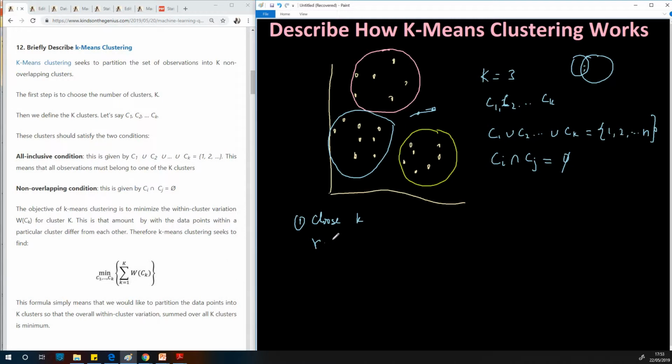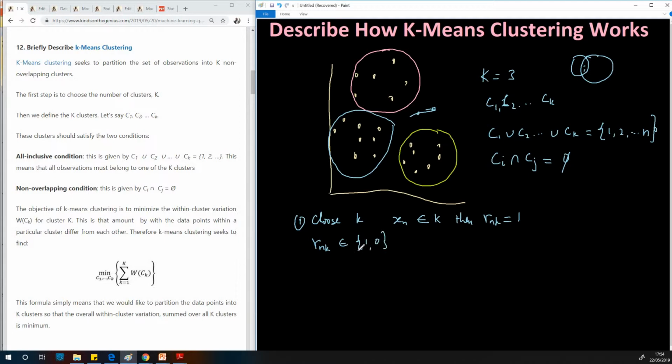So for any data point xn, if xn belongs to k, then rnk is equal to 1. Otherwise, rnk is equal to 0. So how we write it is rnk is either 1 or 0.